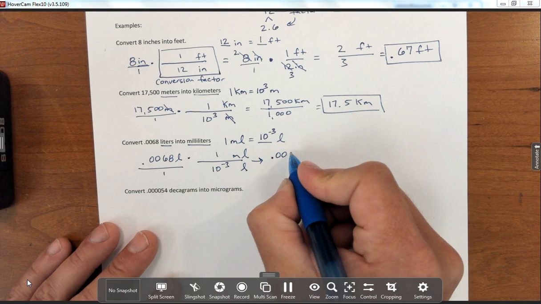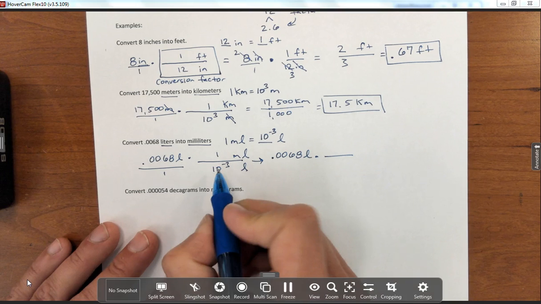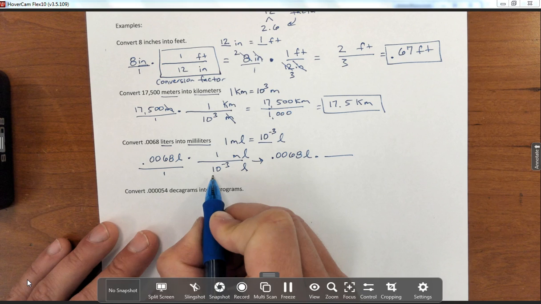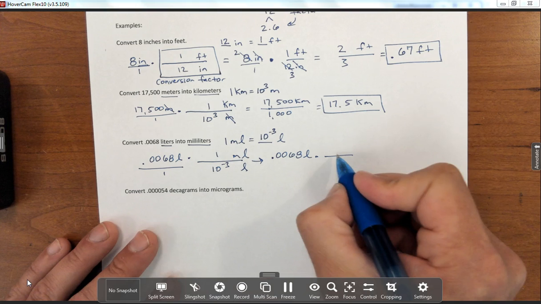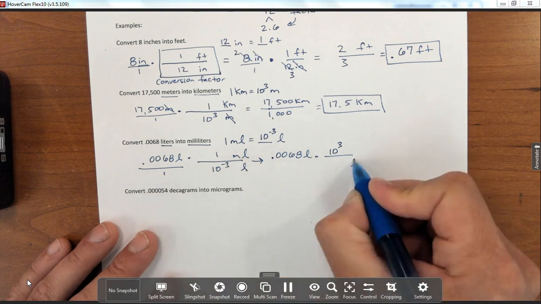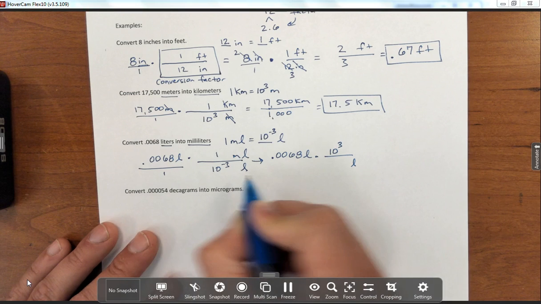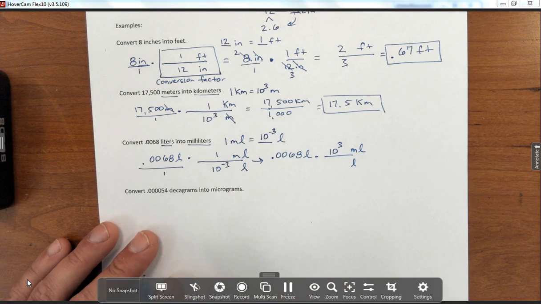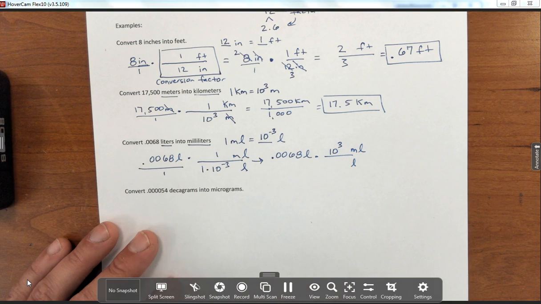So it's 0.0068 liters times, so what do we do with this? Last week I explained that a negative exponent means that that base would be on the other side of the fraction with a positive. So that 10 to the negative 3 is really a 10 cubed on top. Now when you move that to the top, you might have a tendency to want to move the units. They do not move, they stay right where they're at. So do not move your units, we're just moving that factor. Well, what does it leave behind? Any number is itself times 1, right?